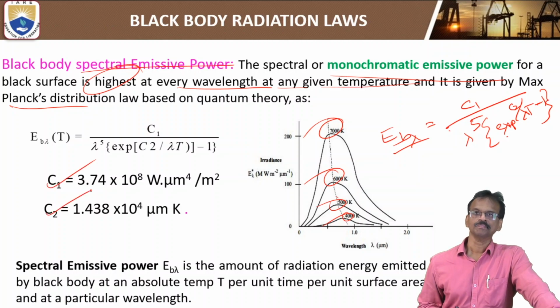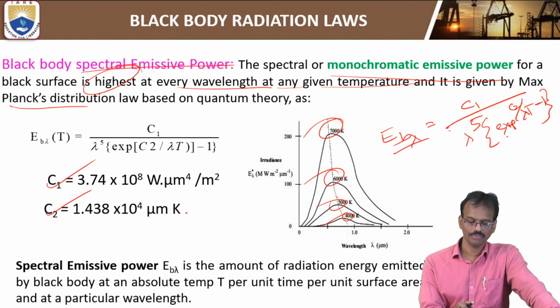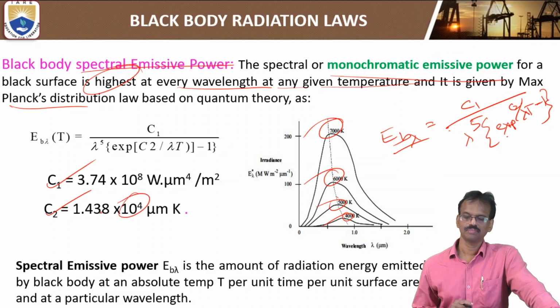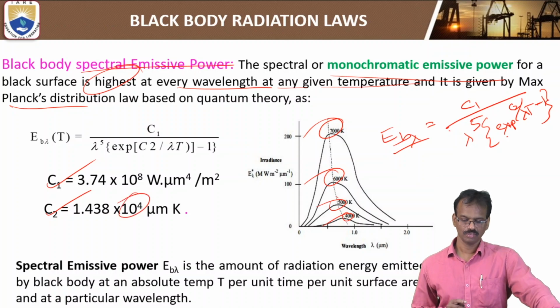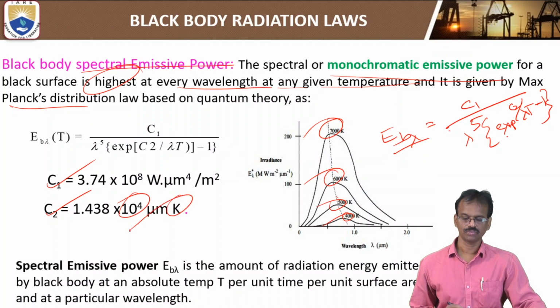C1 is equal to 3.74 into 10 to the power of 8, and C2 is equal to 1.438 into 10 to the power of 4 micron K. These are the constant values.